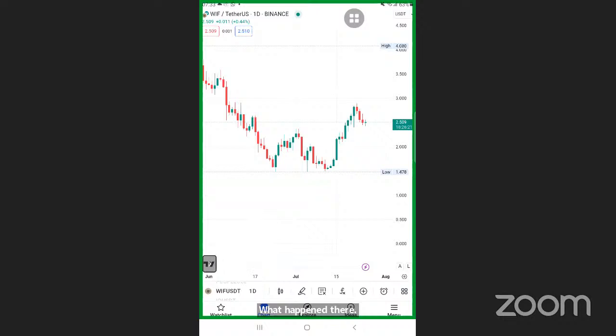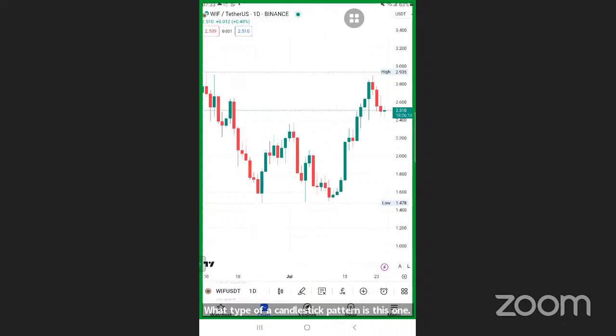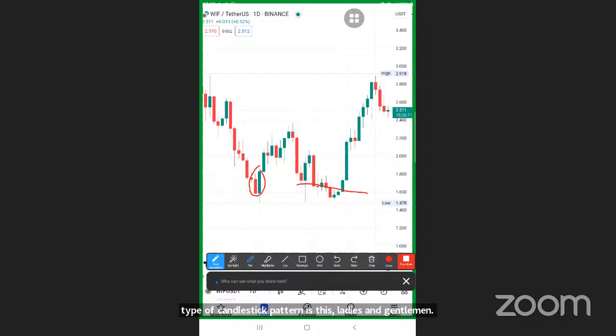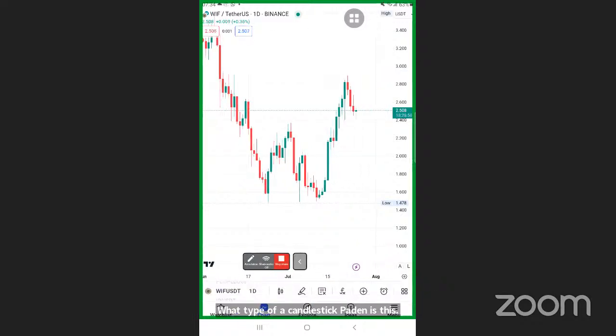What type of a candlestick chart pattern is this one, ladies and gentlemen? What are you seeing here? I think there is one that we did not talk about. I want you to see where the market is coming from.